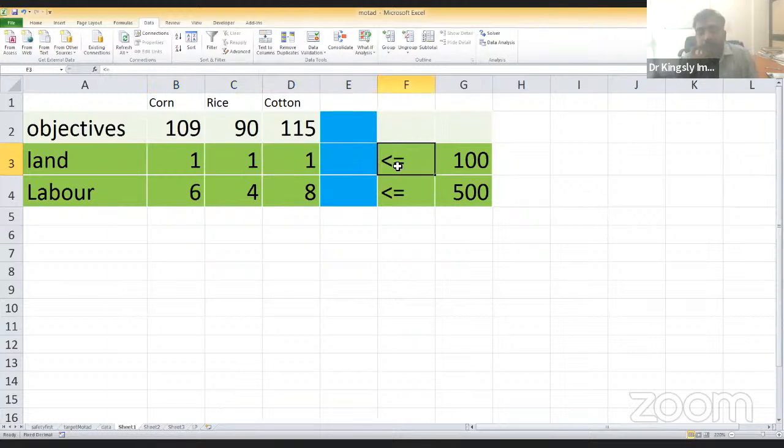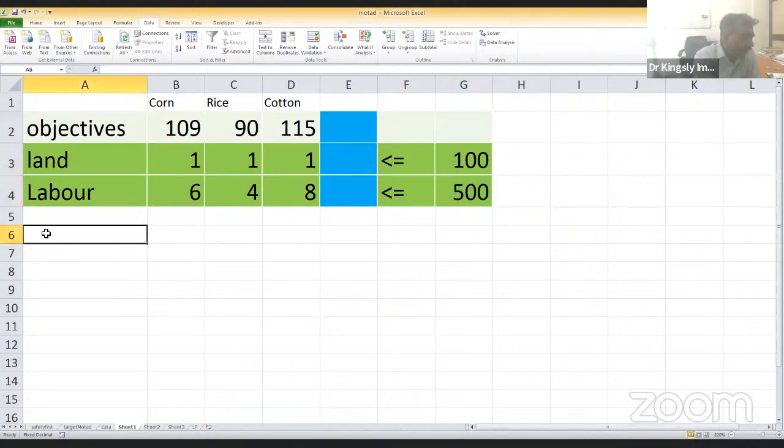So you have to remember this 100 and 500. It talks about resource availability. We have to compute resource usage in the Excel sheet, and you have to compute what could be the objective value. Okay. Now let us add one more row that is called decision variable.